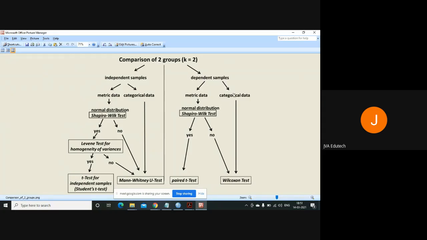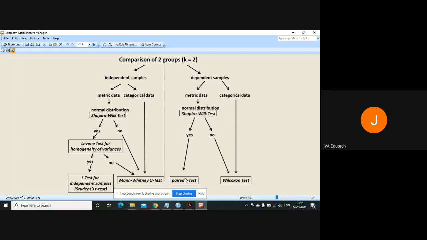If it is categorical, directly move on to the non-parametric test, which is the Wilcoxon test in this case. If it is metric data, then continue to check for normal distribution. If normal distribution is not followed, then go to the non-parametric Wilcoxon test. If it is followed, then go to the paired t-test. This is how we arrive at a statistical test.